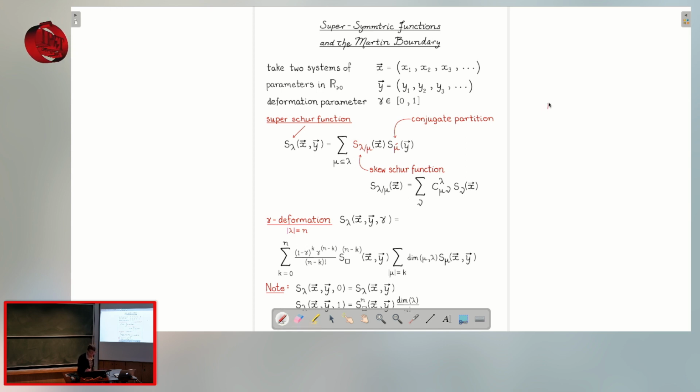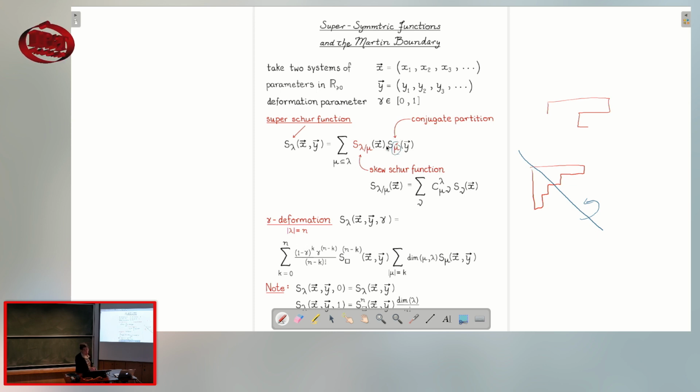When I have a partition, I have this line y equals minus x, and I can flip the diagram along this axis, and the result is the so-called conjugate partition.